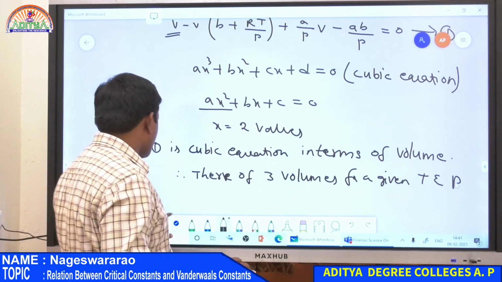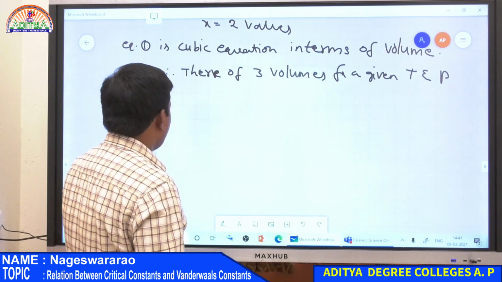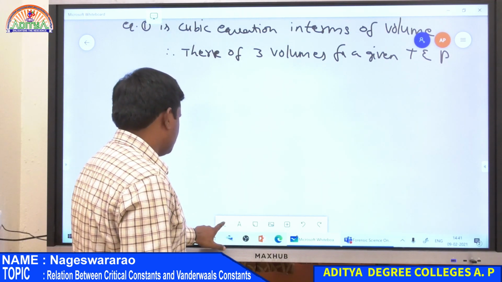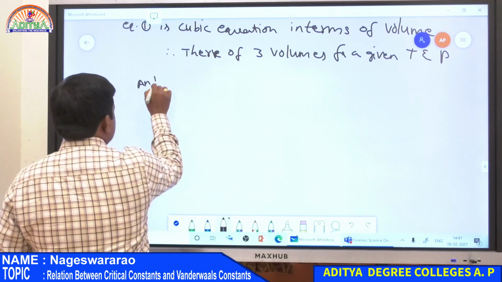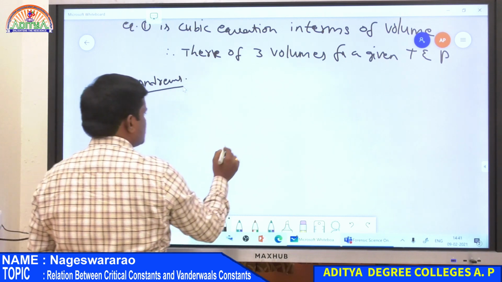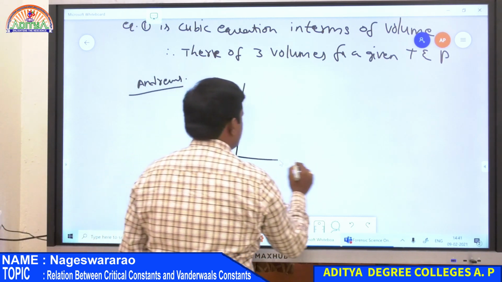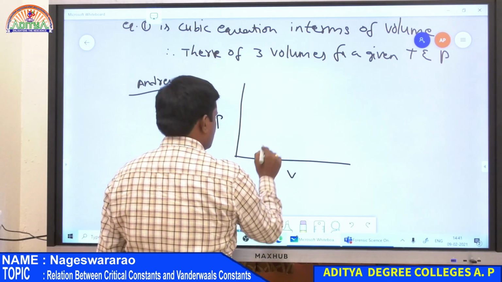But in general, for a single temperature and pressure we have only one value of volume. According to the isotherm, in the morning class we discussed Andrews isotherm. So what is that isotherm? The relation between volume and pressure at a given temperature.